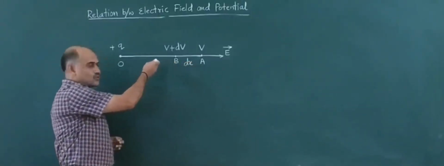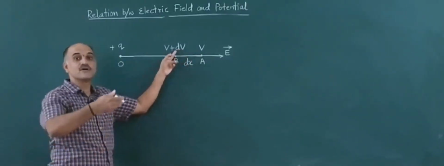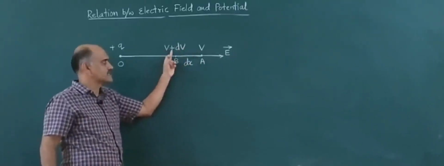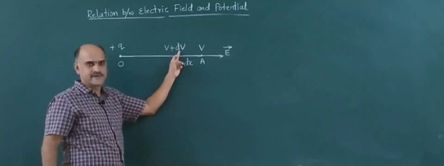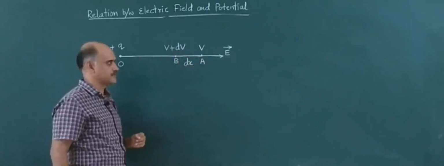As you move towards plus Q, potential increases, or you may say work done increases. So there is a small increase in potential, that is V plus dV.